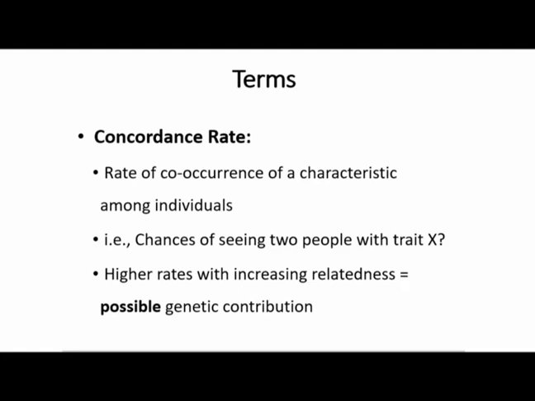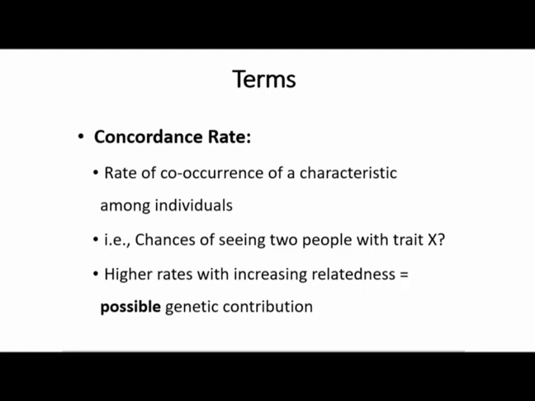But while we're on the topic of logic, it's really important to remember that we've already talked about behaviors and traits of interest as being influenced by both environment and genes. And family members, though they do give us that information of being more genetically related, they also come with an unfortunate confound, which is people generally tend to be raised in similar environments as their family.